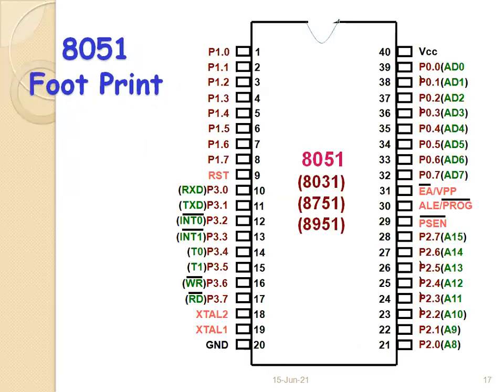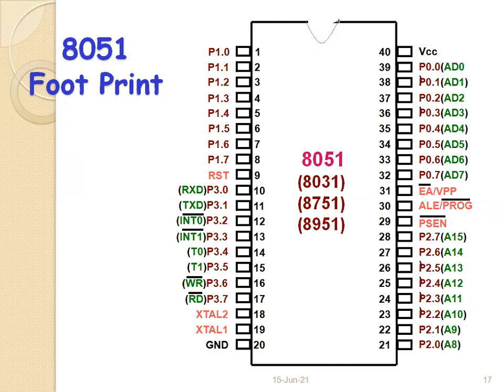And this is the 8051 footprint, meaning it is actually the pinout diagram of the MCU, that is the 8051. It is also the same for 8031, 8751, 8951. So whatever the ICs coming with that 8051, whether manufactured by Intel, Atmel, Dallas Semiconductor or Philips, whatever it may be.